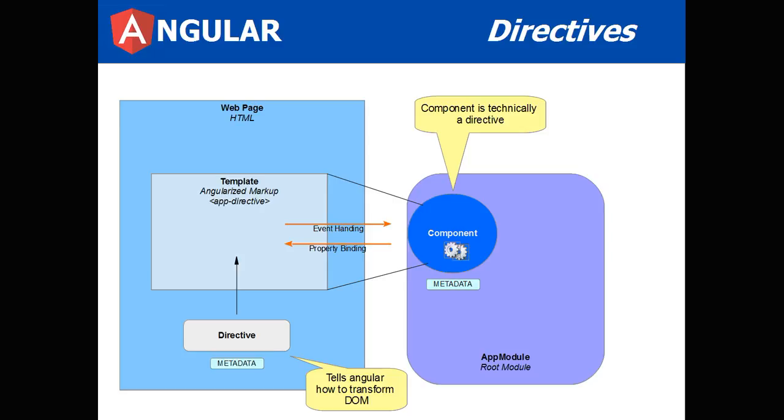Basically, you're transforming the DOM. And so as you know, the power of Angular comes from transforming the DOM, because the browser is waiting for DOM changes, and when the DOM changes, the front end changes. So Angular is really taking advantage of what the browser is going to do by default.